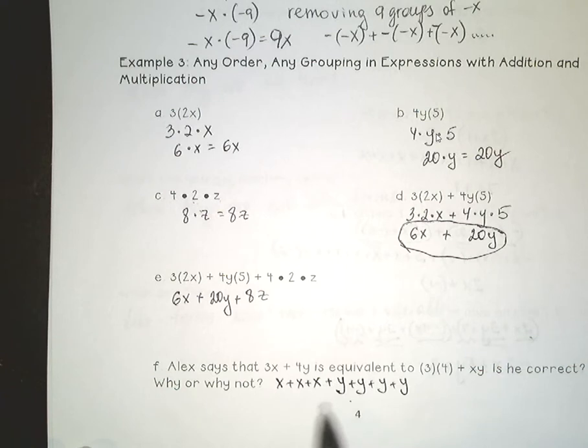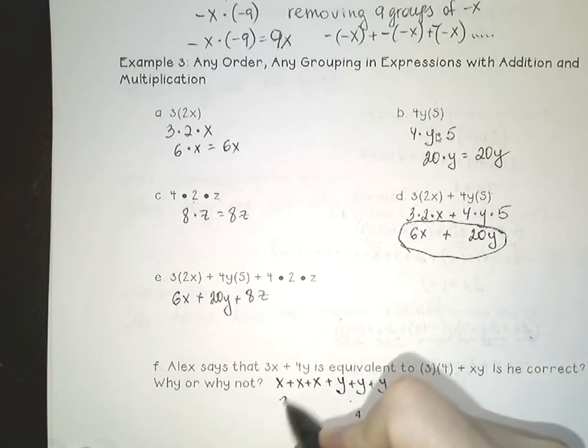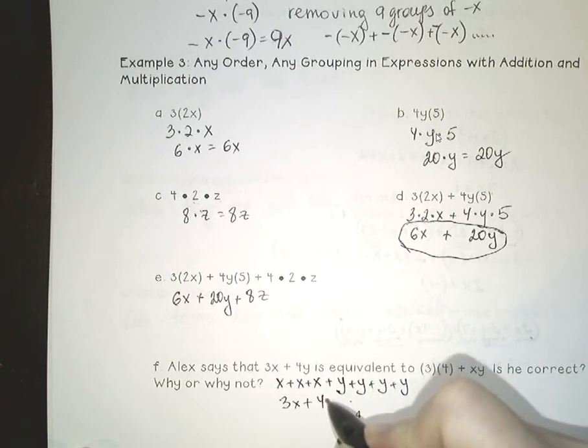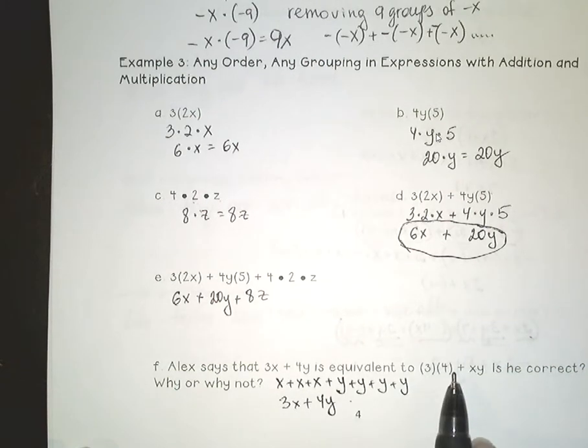How can I combine x and y? They're different numbers. I cannot combine them. I don't know what they are. So I can just leave it as it is. There is nothing else I can do. 3x plus 4y is 3x plus 4y. I cannot make it 12 plus xy, because there is nothing related to 12 here.